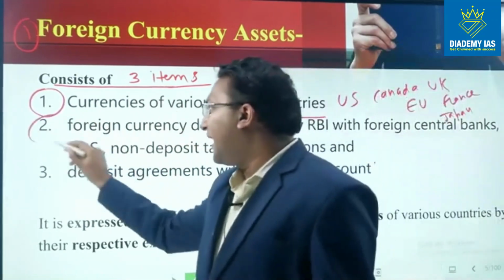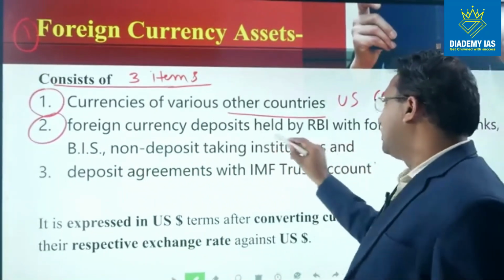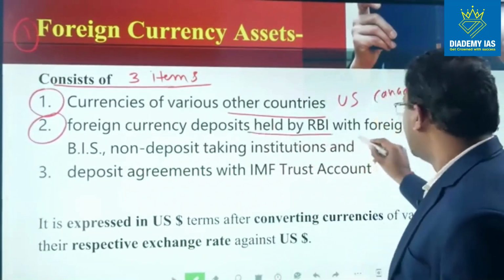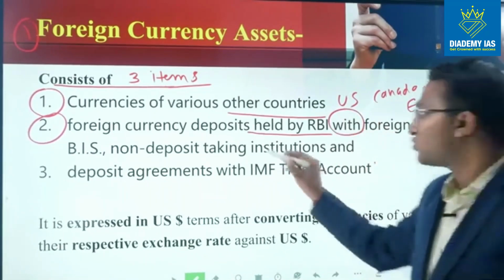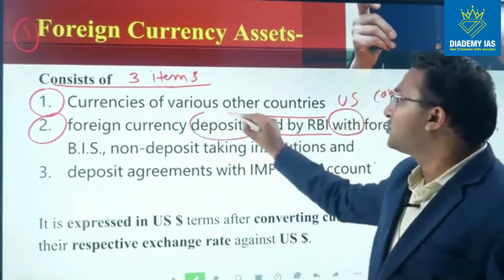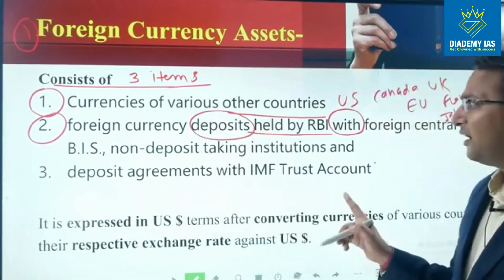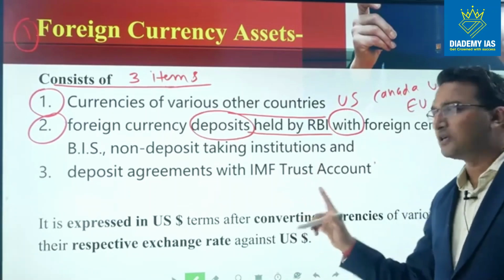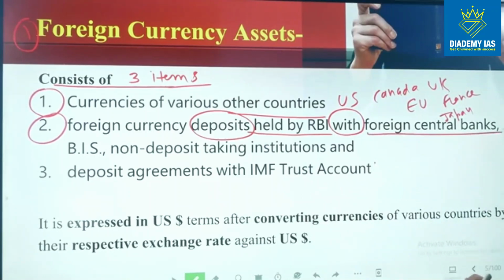Second, we have foreign currency deposits held by RBI. Held by RBI with whom? So RBI has foreign currency deposits. Just like we have our deposit with a particular bank, similarly these foreign currency deposits are held by the RBI with, number one, foreign central banks, right?